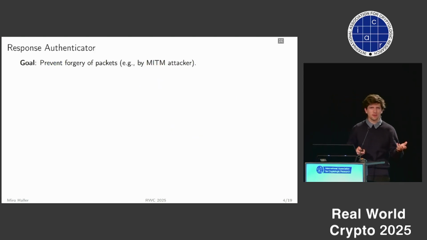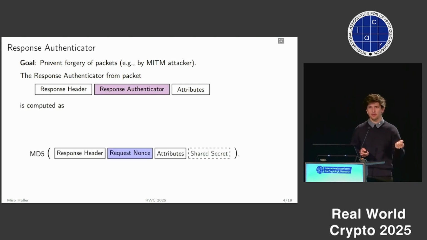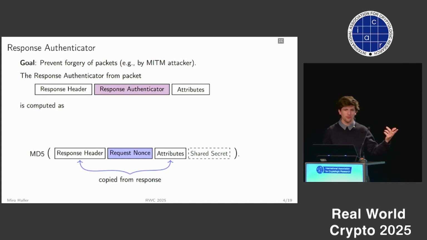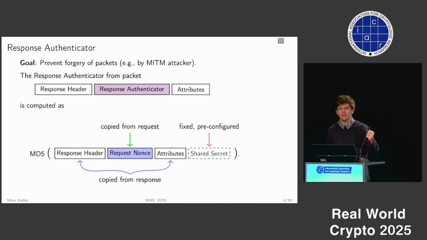As the name suggests, the response authenticator should prevent an adversary from forging packets that are sent, for example, by the Radius server. And for this, it's using a custom MD5-based construction, which is the following. To compute a response authenticator of a packet like this, we take the MD5 hash over the response header and attributes that are copied from the response, the request nonce that's copied from the access request to which this is a response, as well as a fixed pre-configured shared secret.